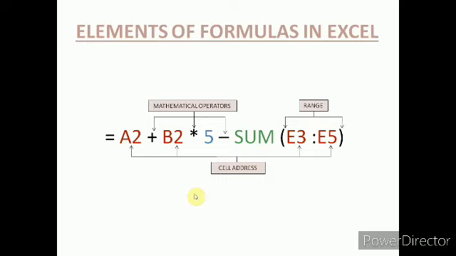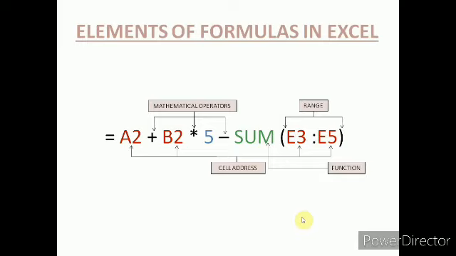Third is range. Range is a group of contiguous cells. Contiguous means the cells which share the border or the cells in a sequence. For example, E3 to E5. So it is covering the cells from E3 till E5.